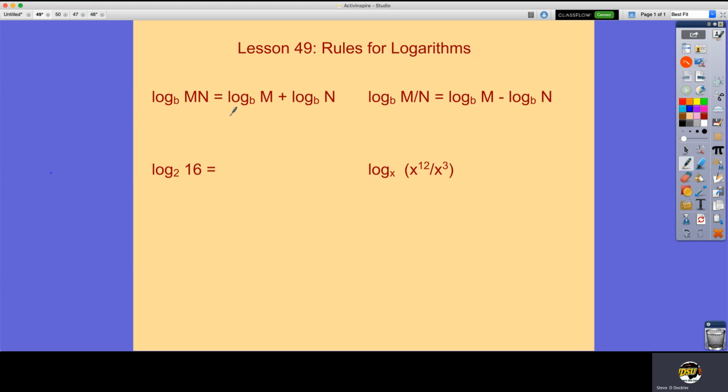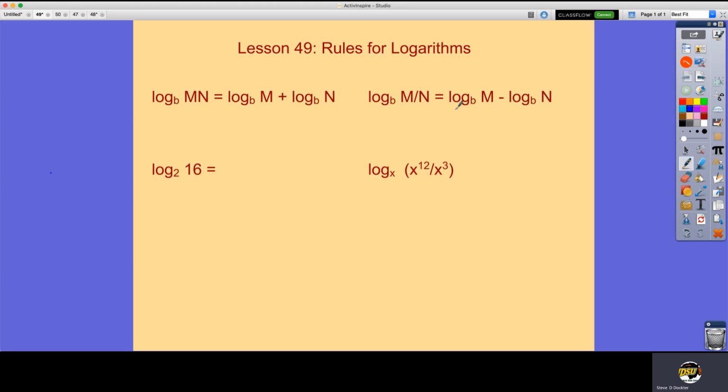We might have had it in reverse order, but you know, due to our properties, that we can switch things around and it's not a big deal. Same thing over here. If we have two things that are divided, we can split them apart by subtracting them. The big thing with that is these base numbers here, these b's, have to be exactly the same. Now for this first one, I'm going to show you two different ways to do it.